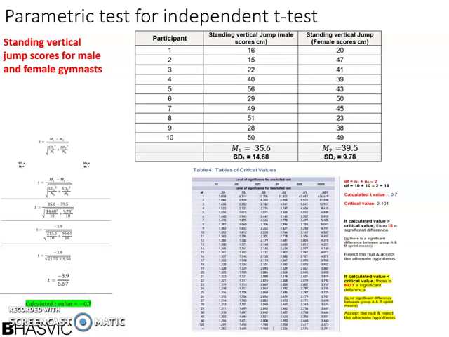If the calculated value is higher than the critical value, then there is a significant difference. However, if the critical value is higher than the calculated value, then there is no significance. In my test example, to see if there is a significant difference between standing vertical jump scores of male and females, the critical value was way above the calculated value, and because of this there is no significant difference.